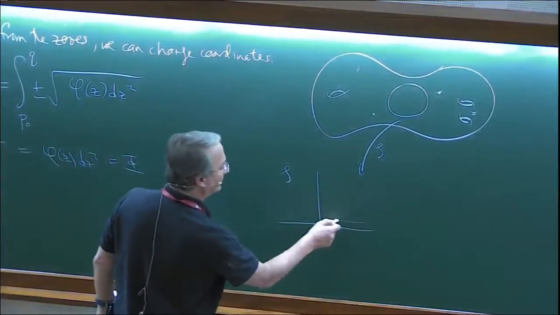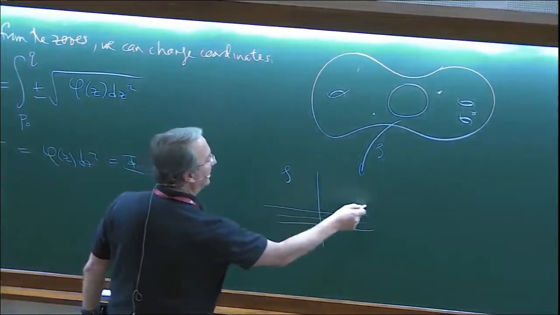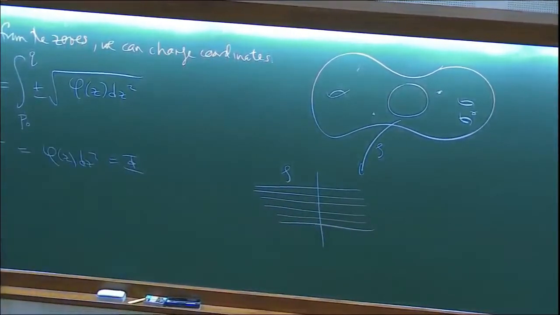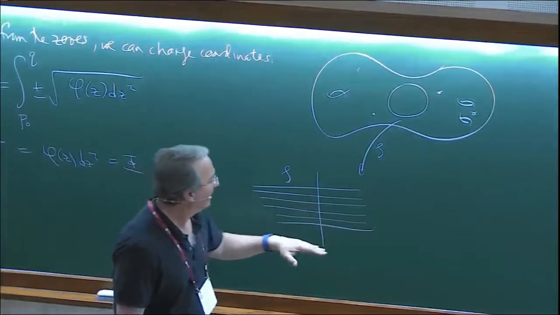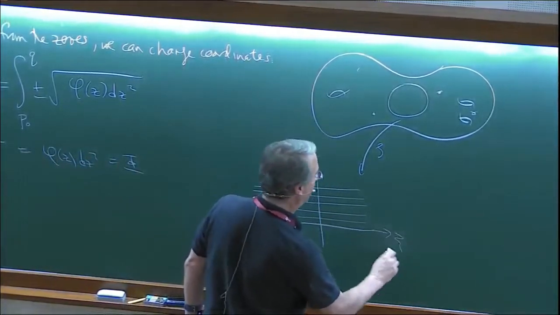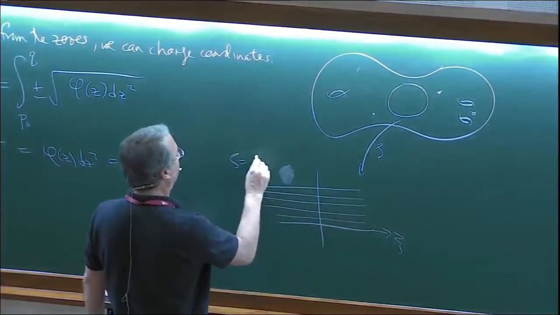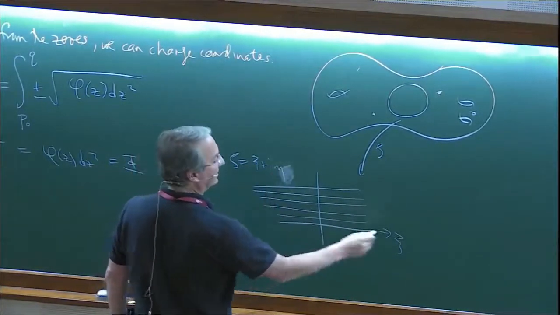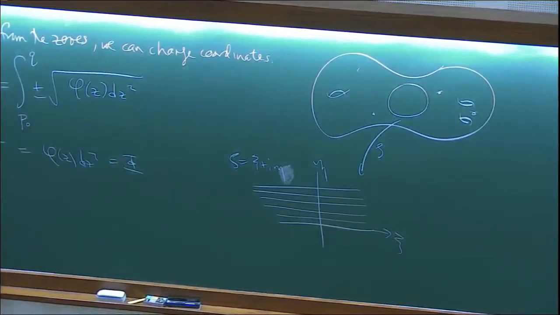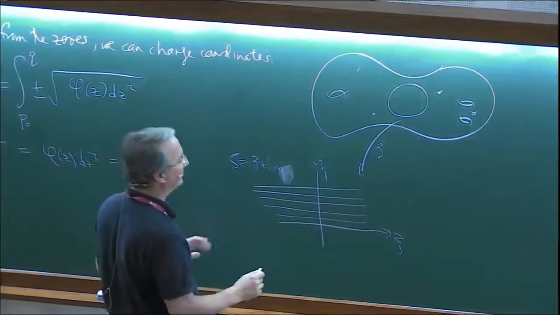I care about the horizontal lines in the zeta plane. It's called the horizontal foliation. And I care about the vertical measure. So if zeta is psi plus i eta, and here's the zeta axis, and there's the eta axis, I care about the following two objects.